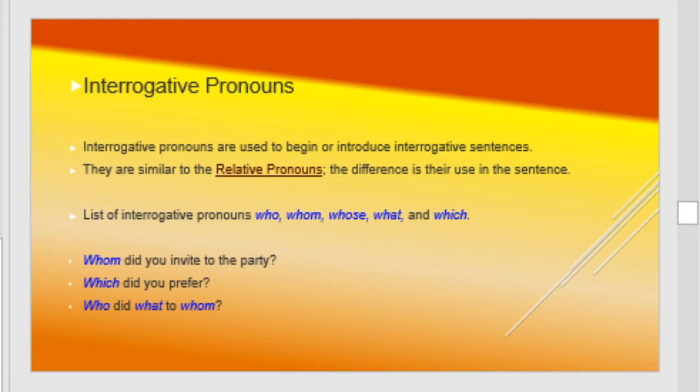We have here who, whom, whose, what, and which. Example sentences: Whom did you invite to the party? Which did you prefer? Who did what to whom? So that one is interrogative, to ask questions.